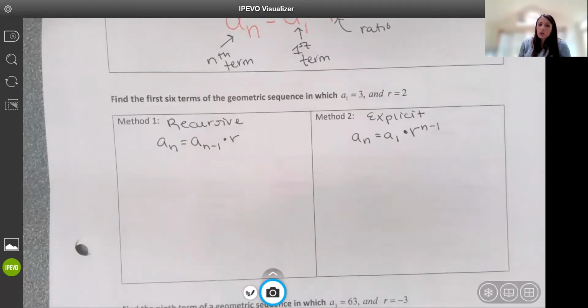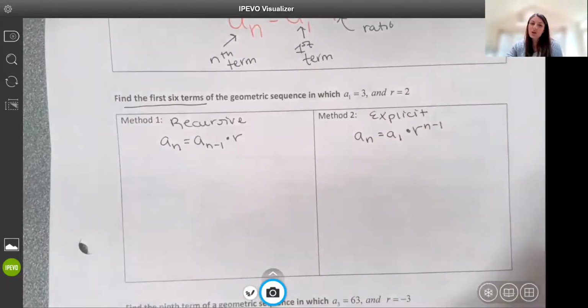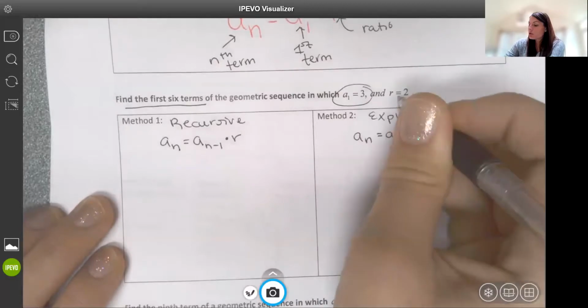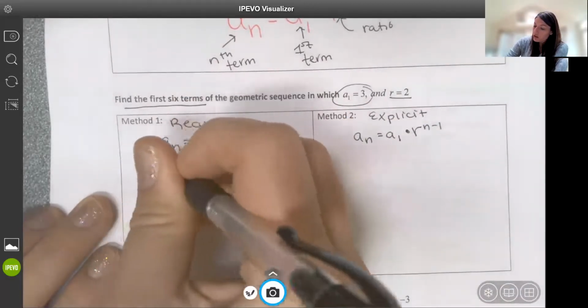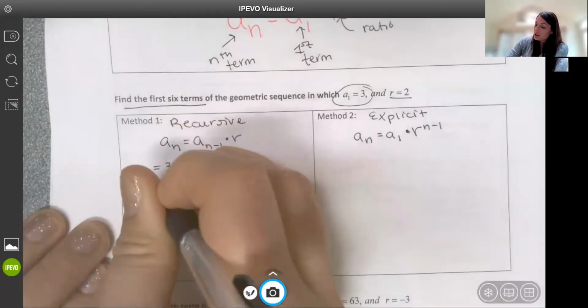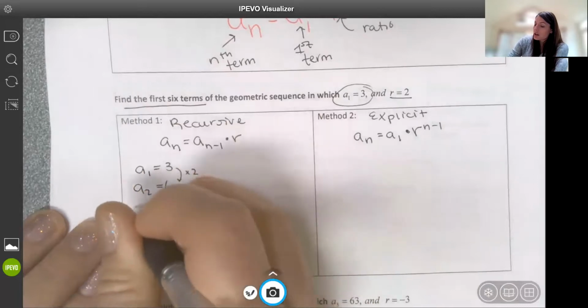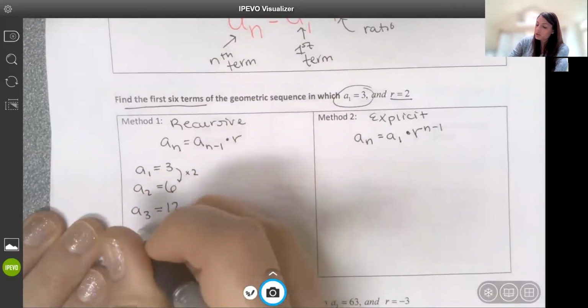Our recursive formula we kind of use for this sort of thing where it says find the first 6 terms. We don't really think about it as a formula at all, but it tells us our first term is 3 and our ratio is 2. So if our first term is 3, then our second term, times 2, would be 6. And our third term, if we multiplied by 2 again, would be 12.